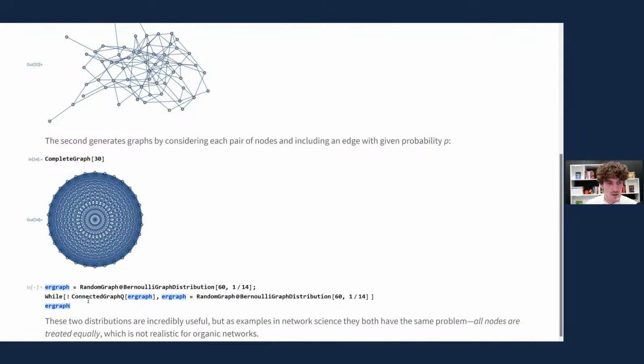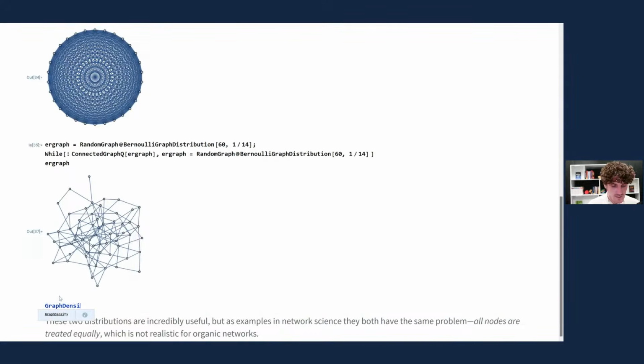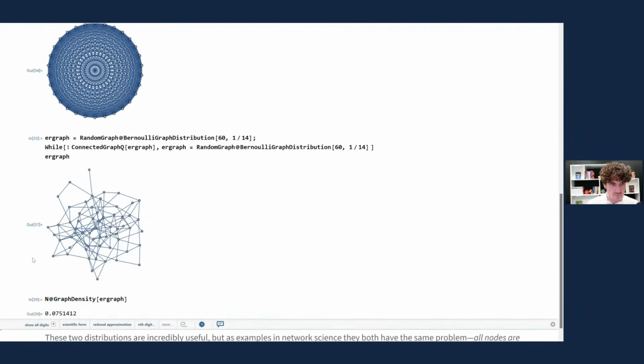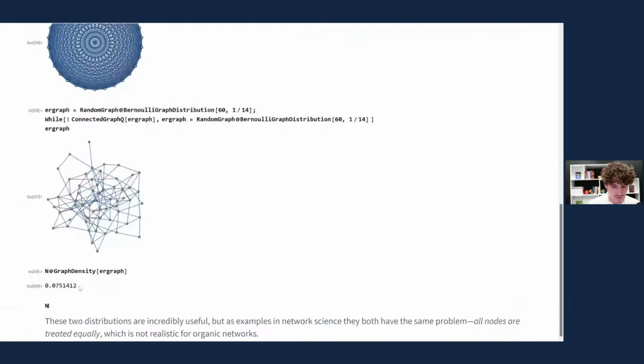Okay, and the result is this. Okay, so clearly this is not a complete graph. You can actually find out how far away it is from being complete using the graph density function. There you are. In fact, this is quite similar to 1/13, as you might expect.